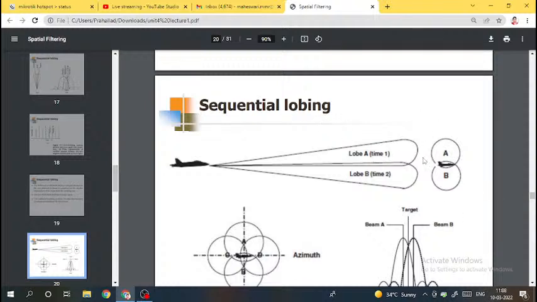This is for two positions, A and B. Suppose your target is in the middle, and the lobe switches at time 1 to lobe A and at time 2 to lobe B. This is the center switching axis, right? Your target is along the switching axis. If the target is along the switching axis, what will happen to the received signal?